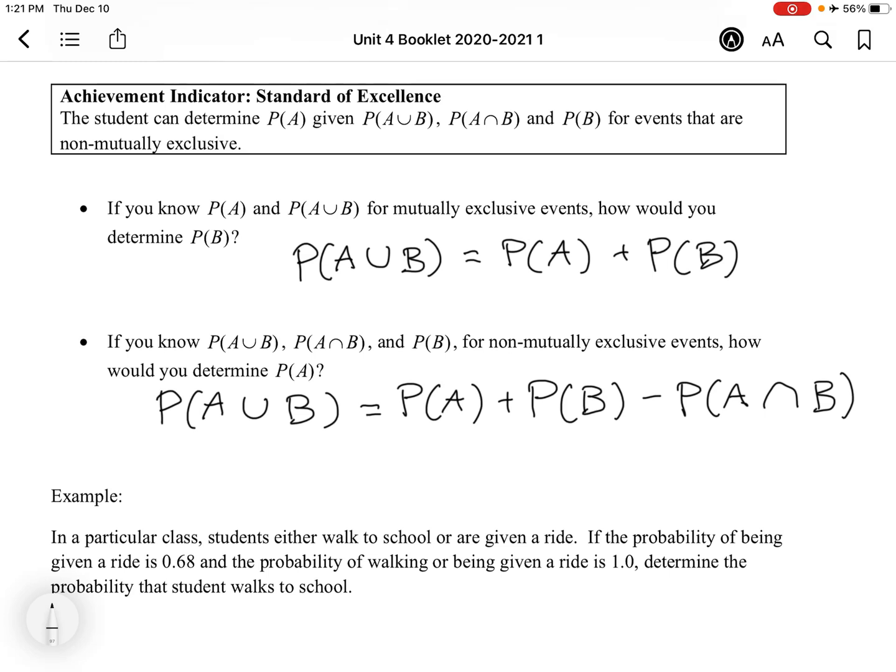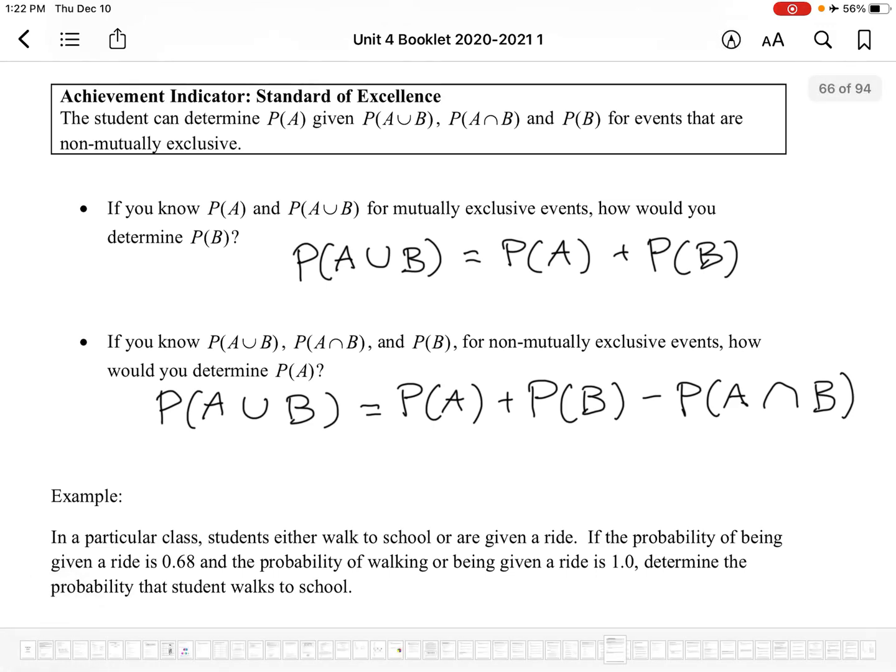Now, these two formulas are on your formula sheet, so you don't need to memorize them. But the idea here is that we may have problems where we're given all but one unknown, and so we can fill in what we know into these formulas and solve for the unknowns. Okay, so we're going to go through 2 examples of that, and then that'll be the end of this lesson.